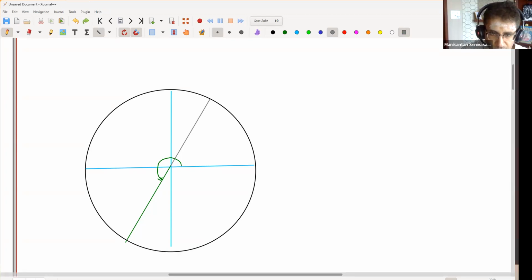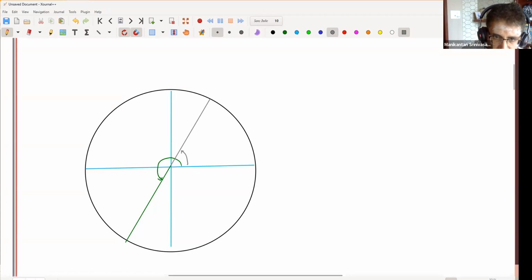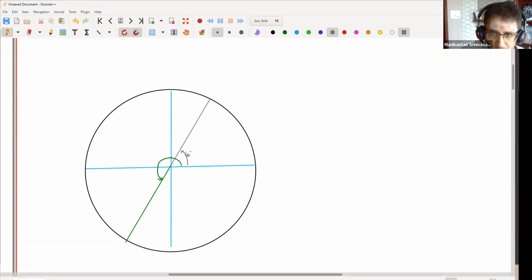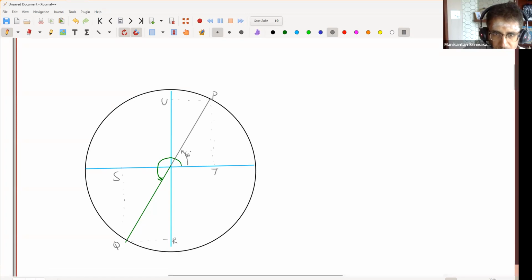So if I draw 60 degrees here, this is 60. Okay, this is right. So this point, let's call this P, and this is Q. So the projection of this falls here at R, the projection of this falls here, let's say S, and let's say this is T, and this is U, right?